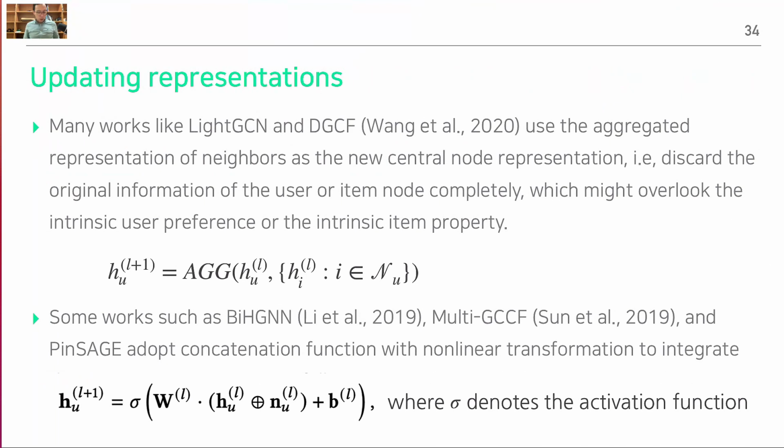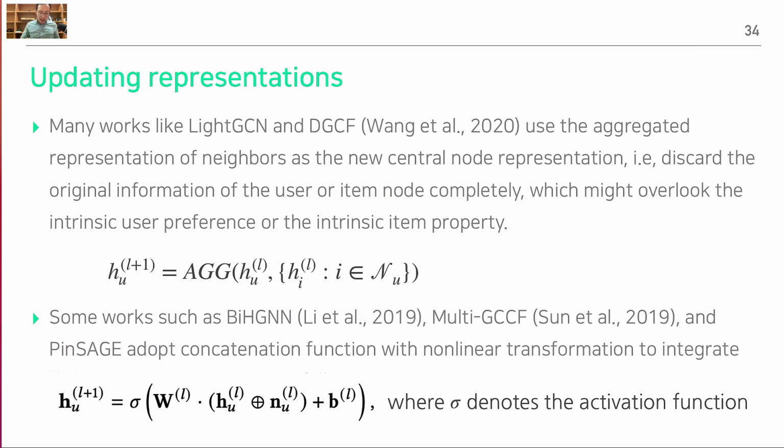So now we update the representation. Now we have the neighboring node representation. It's time to update considering the central node representation.